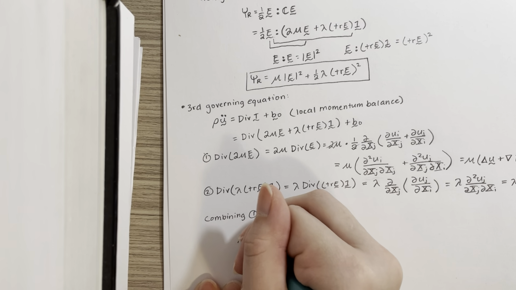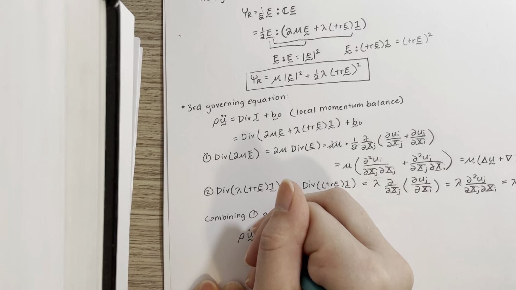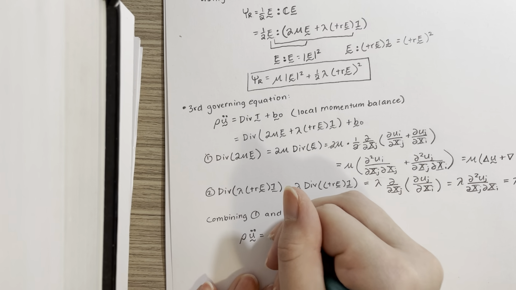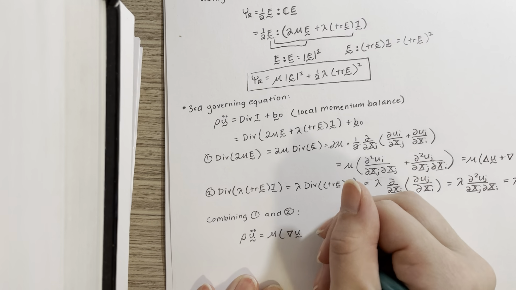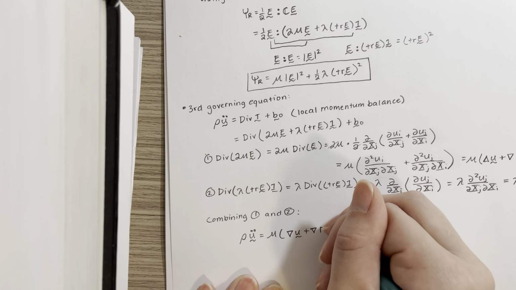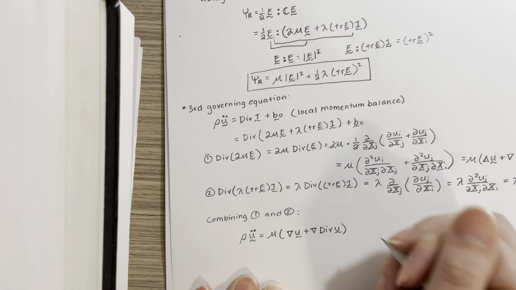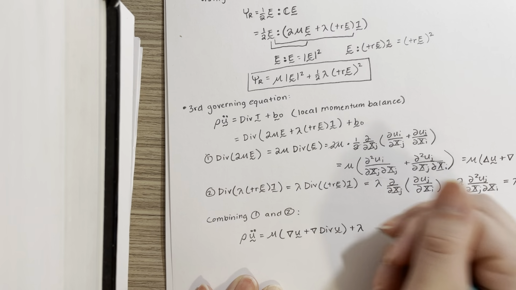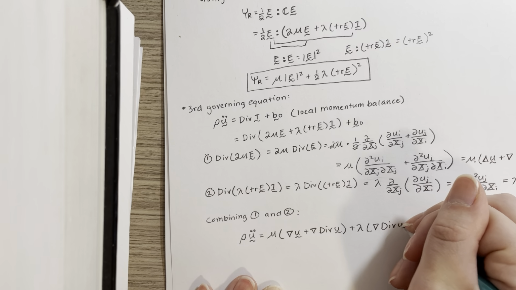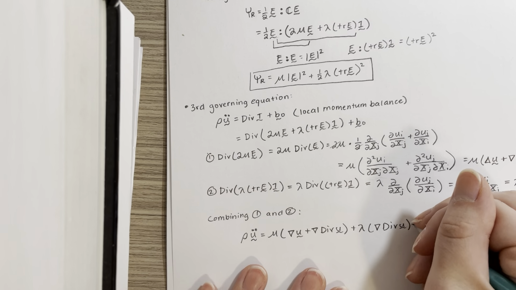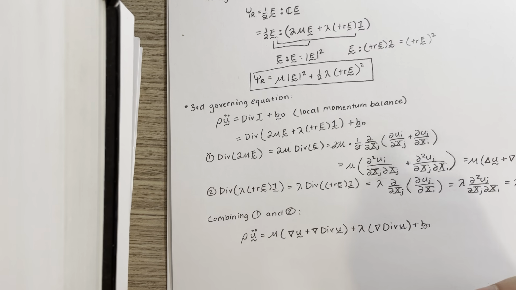We get rho u double dot is equal to mu times del squared u plus lambda times the gradient divergence of u plus our convectional body force term.